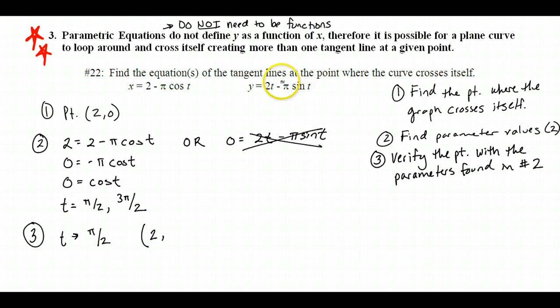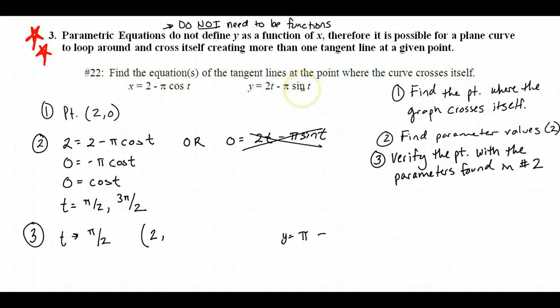Now we need to plug in pi over 2 into our y equation. So if I plug in pi over 2, 2 times pi over 2 will give me pi. So y is equal to pi minus pi times sine pi over 2.